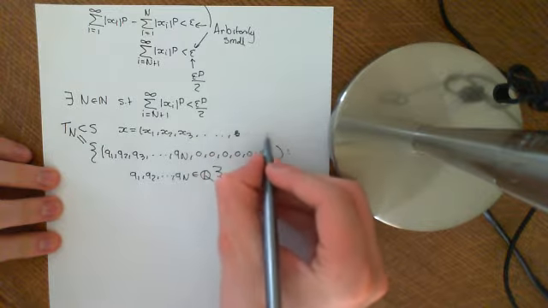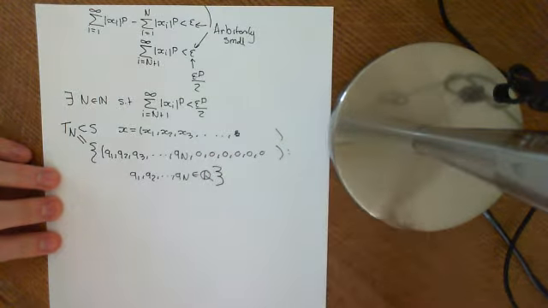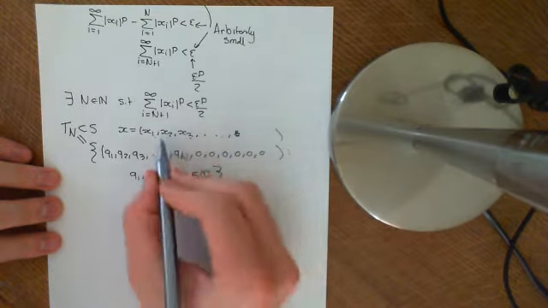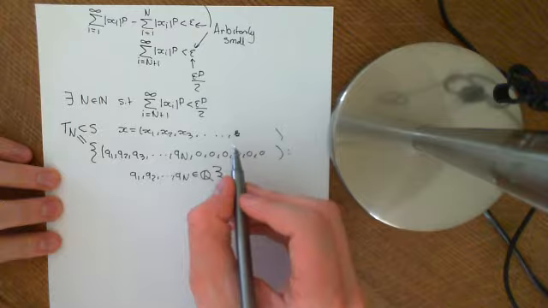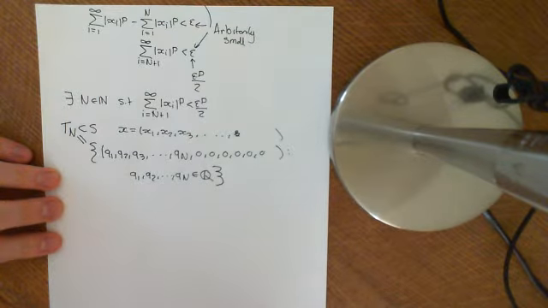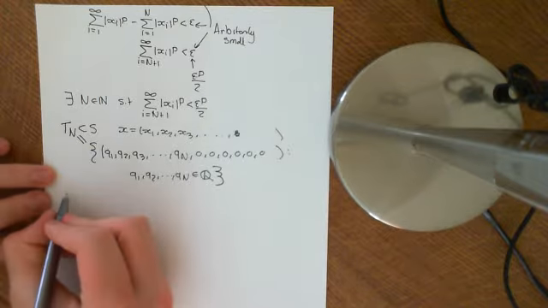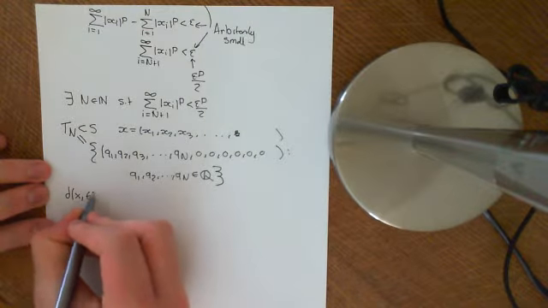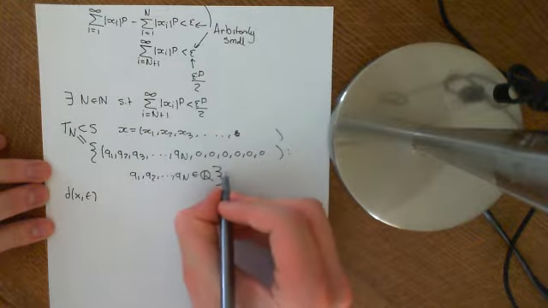It does have an x big N term, but it goes on, with infinitely many terms, and these are all, we're assuming, real numbers. The only constraint, remember, is that the sum from i equals 1 to infinity of the modulus of xi to the p is finite. Okay, so now I want to calculate the distance between x and, let's say, some sequence t, which is an element of this set Tn.